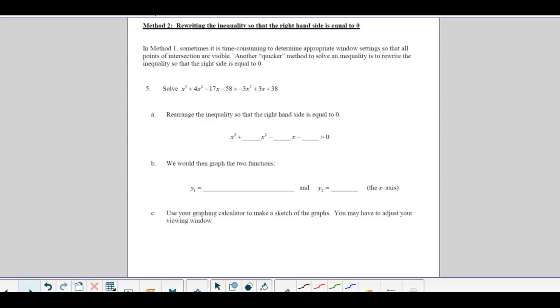So it says rearrange this. So it's a cubic. I'll leave the x cubed on the left because it's positive. I'll bring this over to there, collect like terms. That's going to be 7x squared. This over, that's going to be minus 20x.